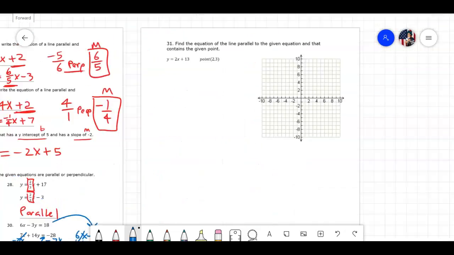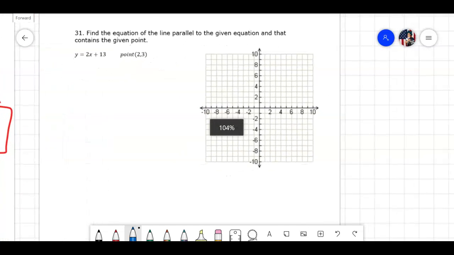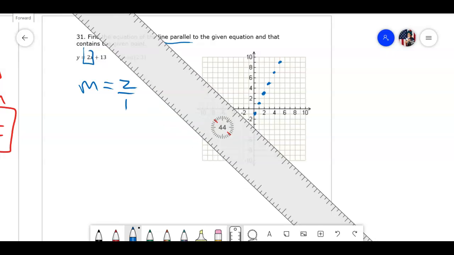All that. And then last but not least, find the equation of the line parallel to the given equation, and that contains this point. So point 2, 3 goes right here. It's parallel, the slope is going to be 2 over 1. So 2 over 1, and if you go backwards, down 2, left 1. Okay, you get the idea.